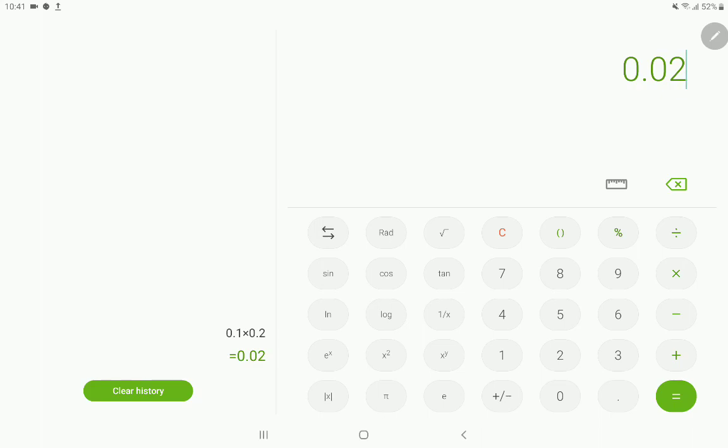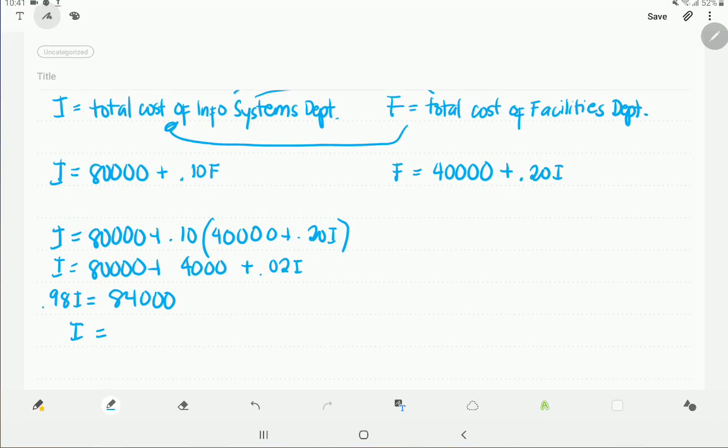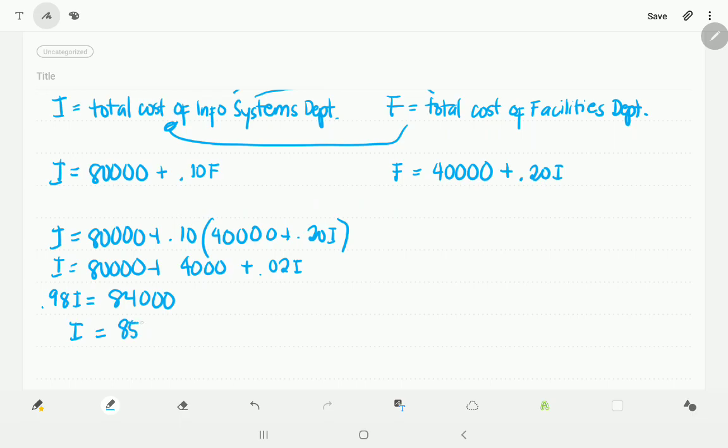We have 84,000 divided by 0.98, and we get 85,714. This is the total cost of the Information Systems Department.